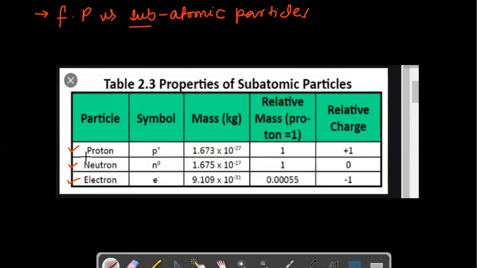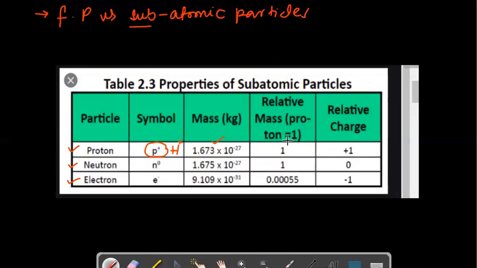Now first of all, if you look at the proton, you can represent a proton by P with a positive charge over it, or you can represent it by H with a positive charge over it. So a proton can be represented by P positive or H positive. If we talk about the mass of the proton, like how heavy a proton could be, the mass of the proton is 1.673 × 10^-27 kg.